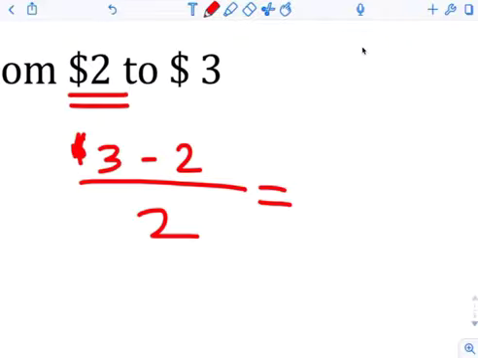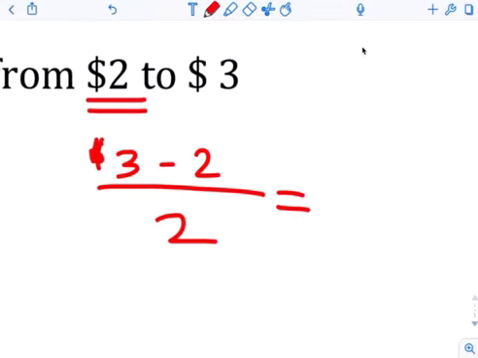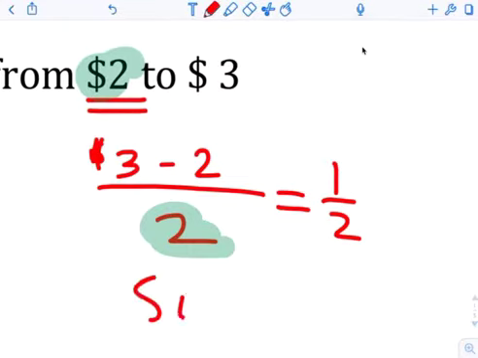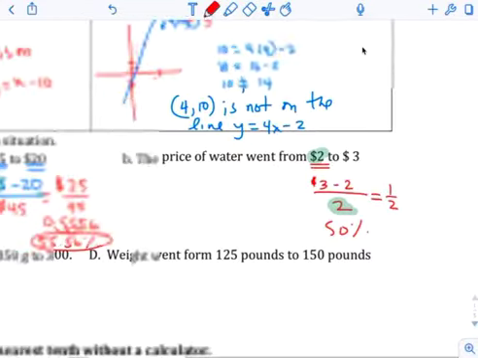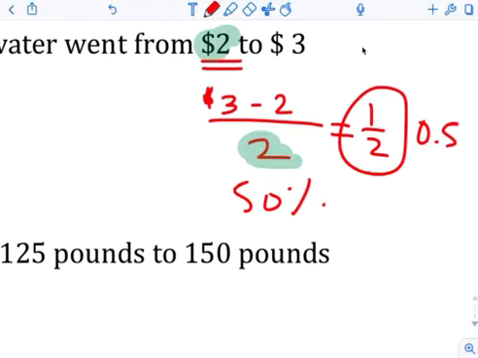Price, you don't just put negative numbers unless you owe people money. In this case, it's just a price for water. So makes sense, but you always put the original price on the denominator, 1 over 2, which is 50%. It went up by 50%. Okay, a half. Half is 50%, or 0.5 times 100, you get 50%.